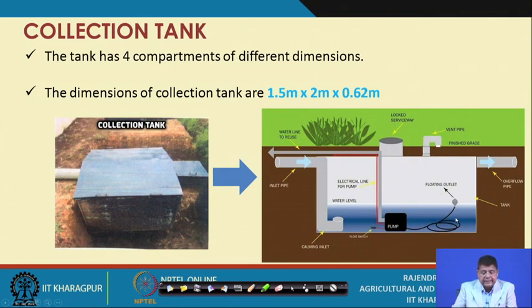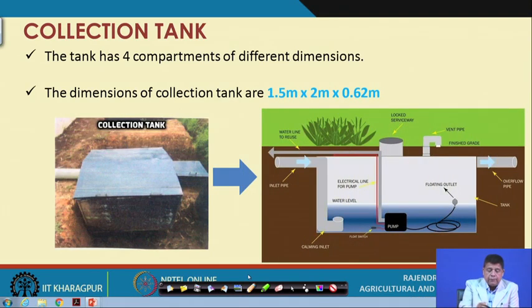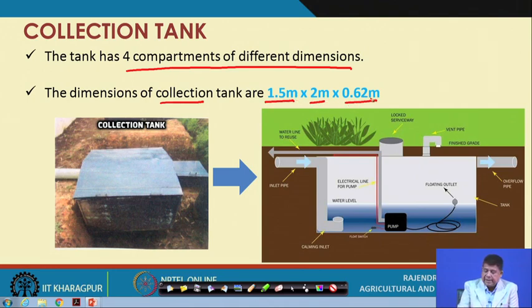Then the collection tank has 4 compartments of different dimensions, and the typical dimensions of a collection tank are 1.5 meters to 2 meters times 0.62 meters. Various kinds of sophistication are possible in the compartments.